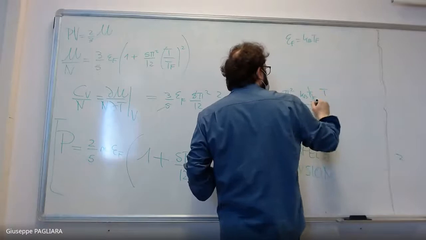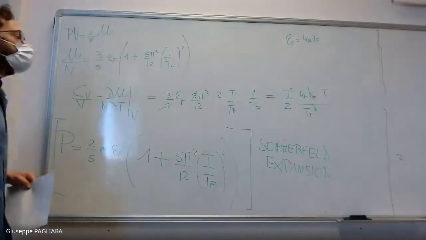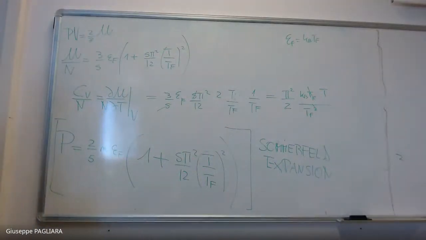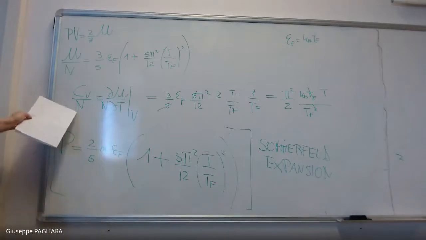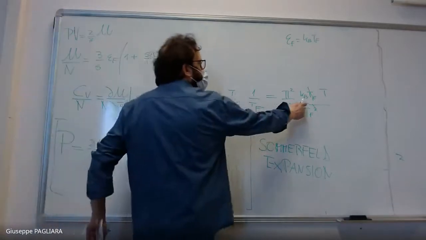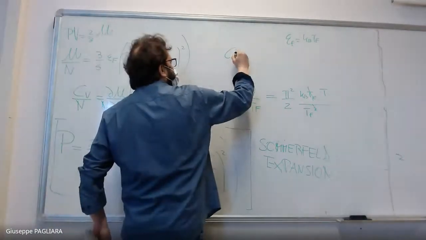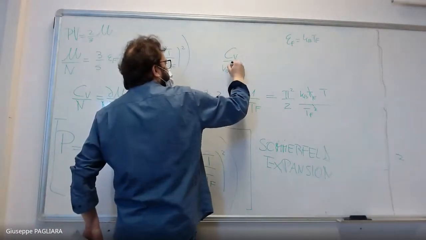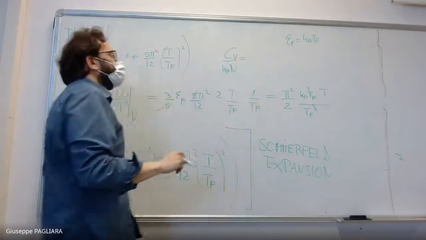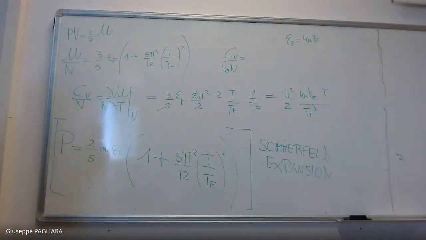Okay, so this guy will be removed. And I can also now put a KB in the first term here. So then I get finally the CV divided by KB N, in order to have a dimensionless quantity, equal to pi squared over 2 times T divided by TF.